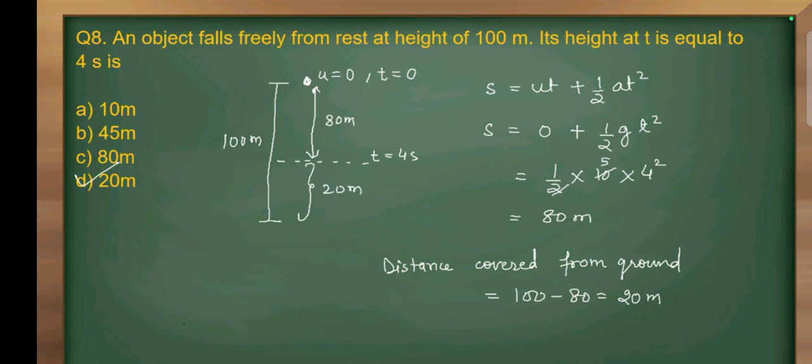If we solve this, we will get s is equal to 80 meter, and this distance is measured from the top of the height. Now the distance covered by the object from ground will be 100 minus 80. So its answer will be 20 meter. So option D is correct.